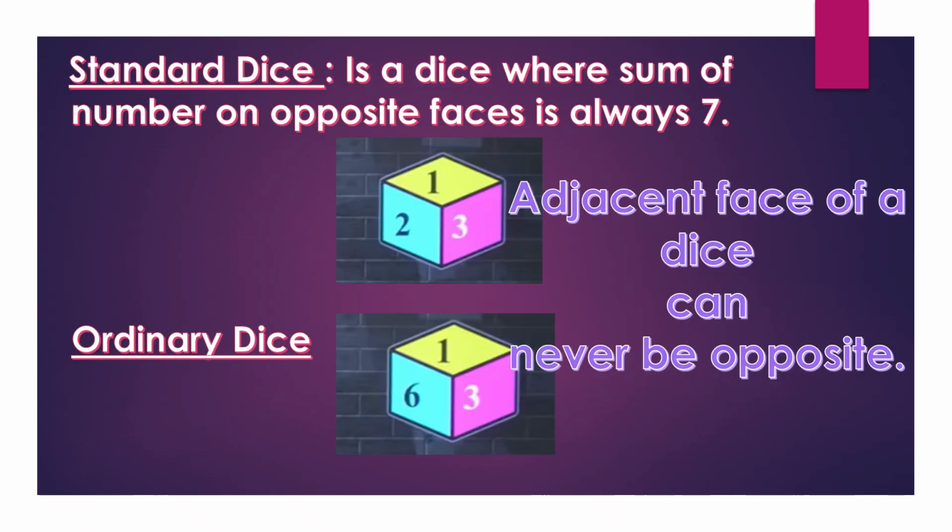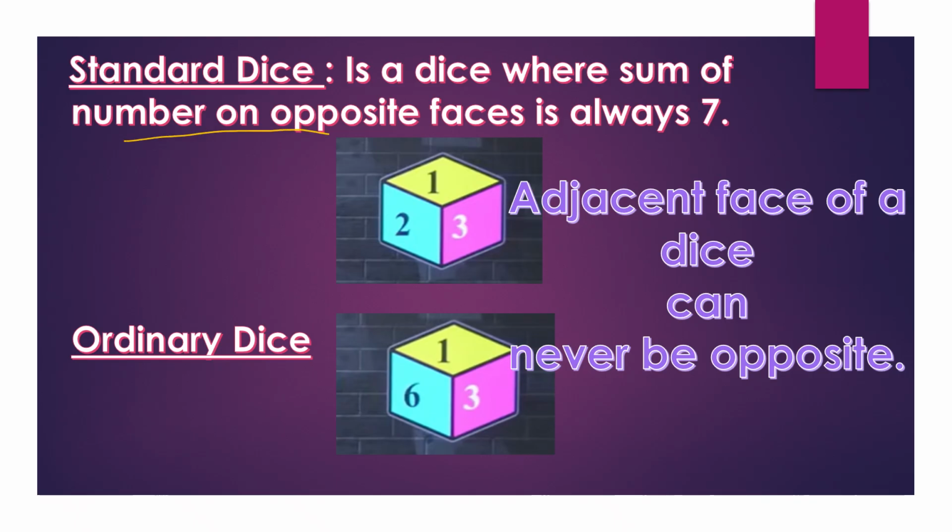So what is a standard dice? Standard dice is a dice where the sum of numbers on opposite faces is always 7. Understanding that, it is called a standard dice.